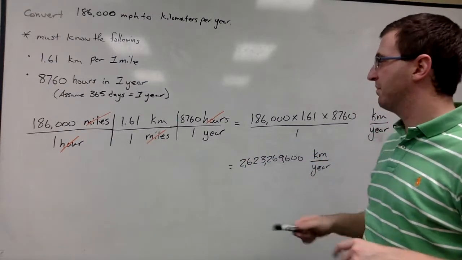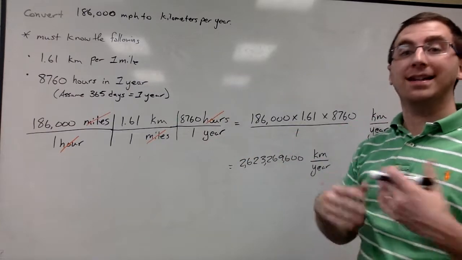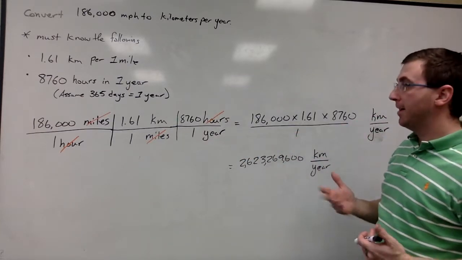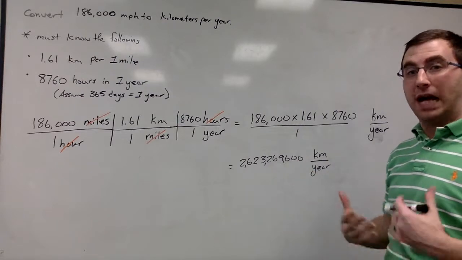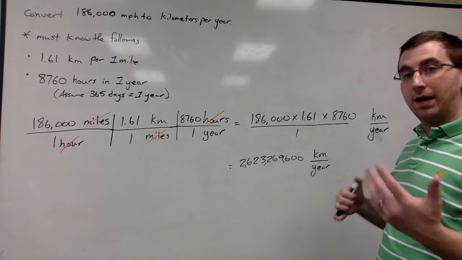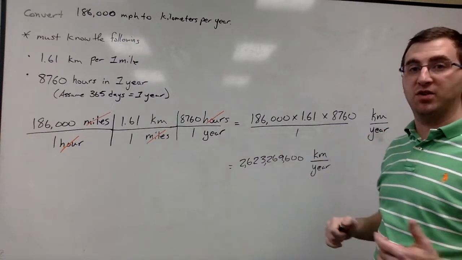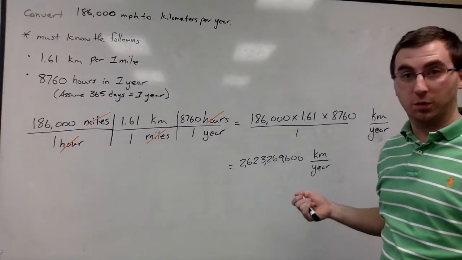But this right here organizes it all. Like I said, you don't have to do it this way, but this is how it made sense to me whenever I was first learning it. Also, my wife was a former engineer, and this is how she did unit conversions when she was going through mechanical engineering school.